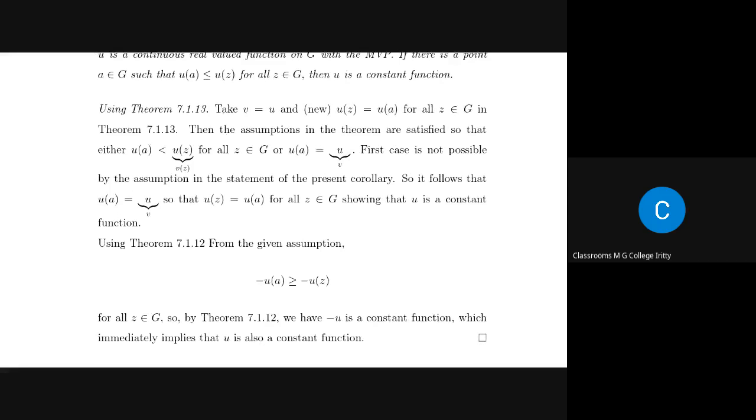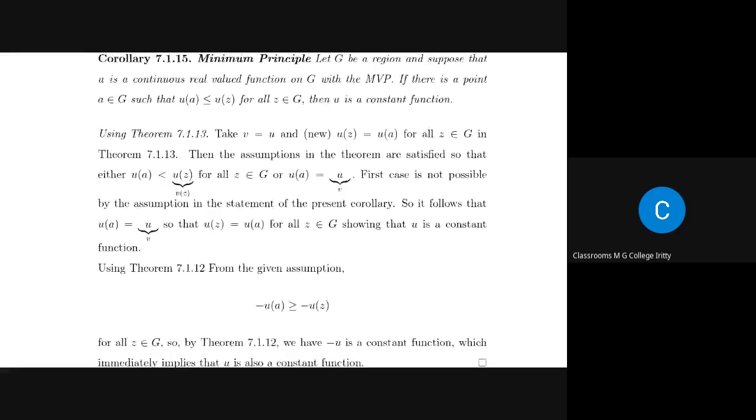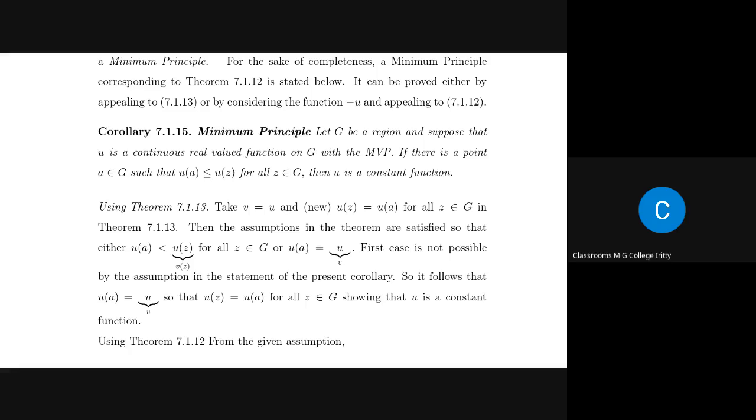Take V equal to U, and U of Z equal to U of A for all Z belongs to G. Therefore, the assumptions of maximum principle second version are satisfied.